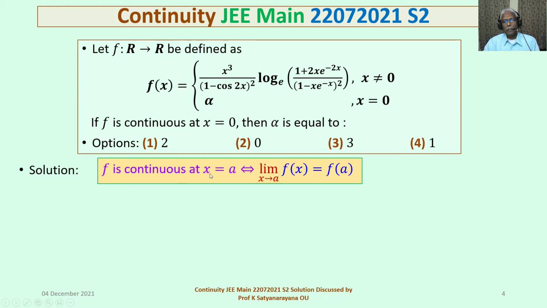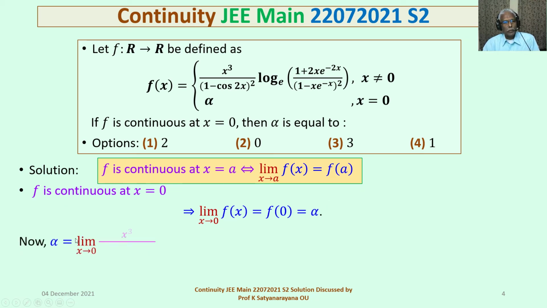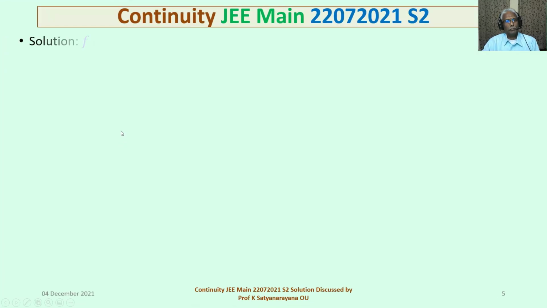F is continuous at x equal to 0 will imply limit x tends to 0 f of x is equal to the value of the function at 0, f of 0, but f of 0 is given to be alpha. So alpha is obtained as limit x tends to 0 of f of x. We continue.